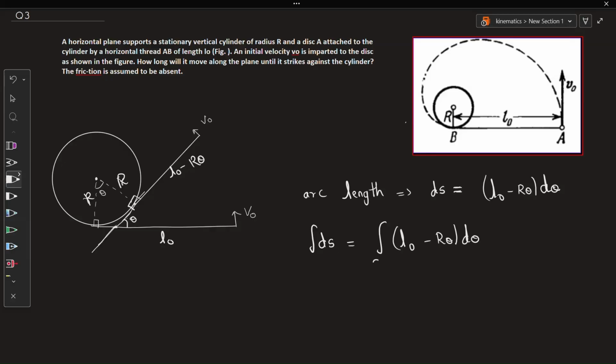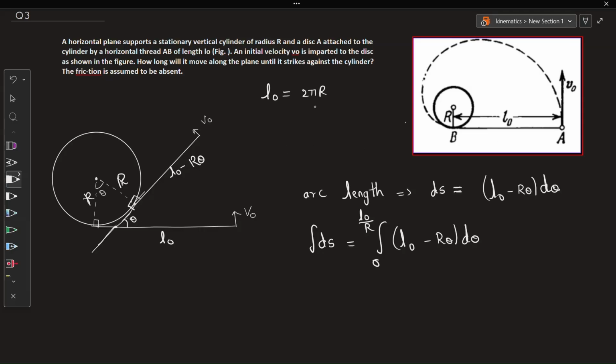What about the final? If you see the image, you will think it as 2 pi. But we don't have the perfect relation between L naught and this; for it to be 2 pi, L naught is supposed to be 2 pi r. Correct. But we don't know the relation. So the final point of the instantaneous center would be L naught by r. This would be the final angle.